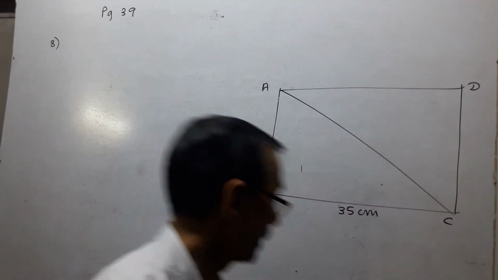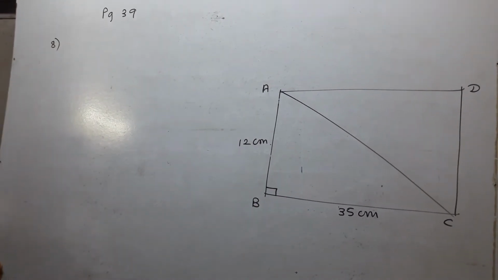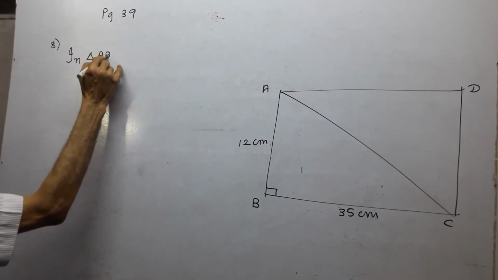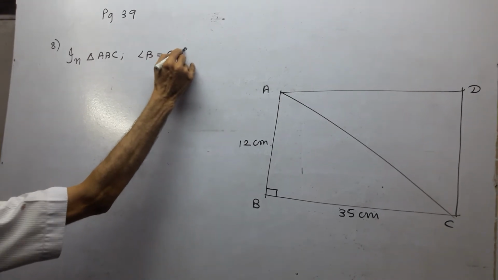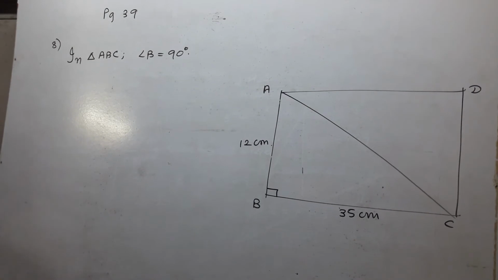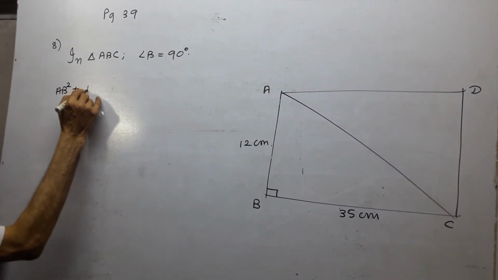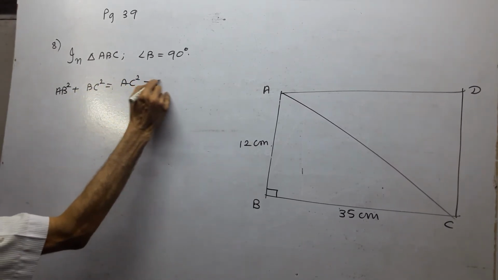Now we know that in a rectangle, angle B is 90 degree. So let us take triangle ABC. In triangle ABC, angle B is 90 degree. Therefore, we will apply Pythagoras theorem. According to Pythagoras theorem, AB square plus BC square is equal to AC square.